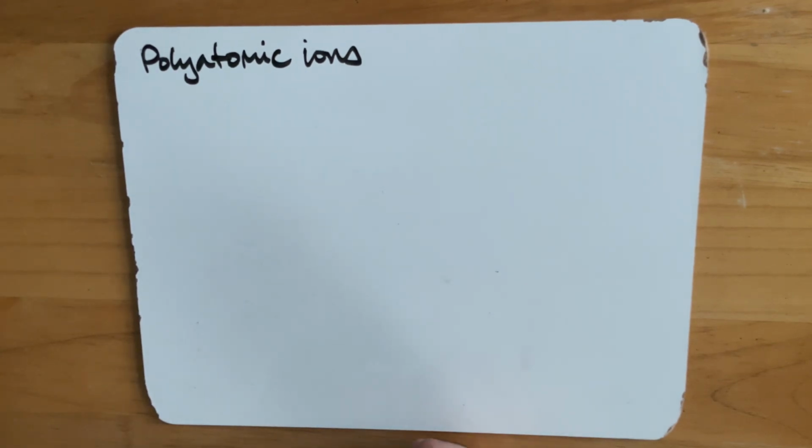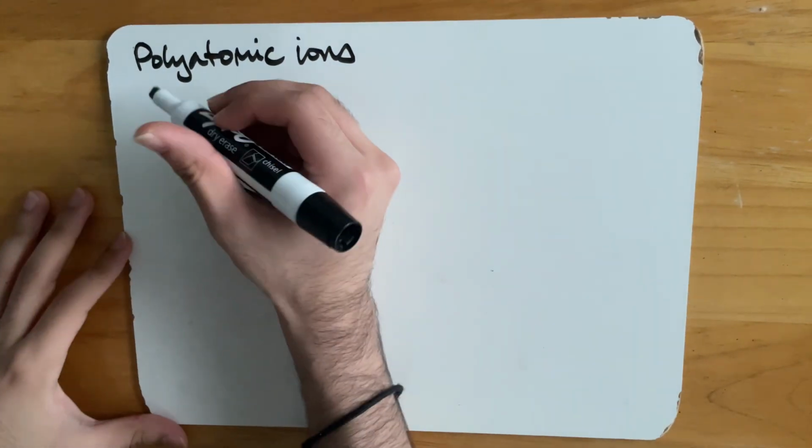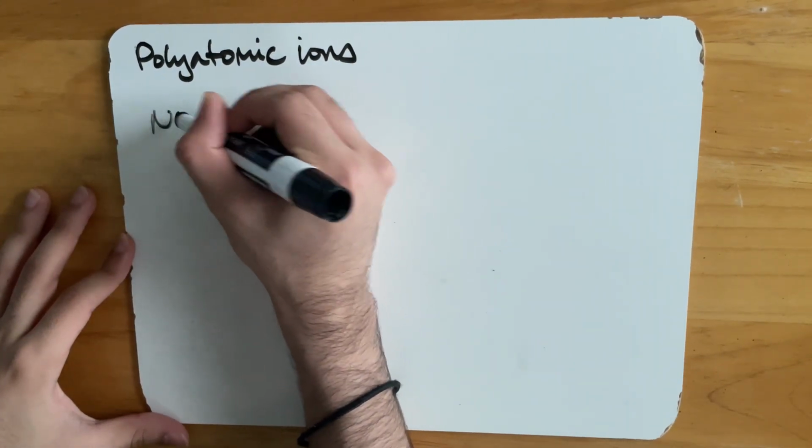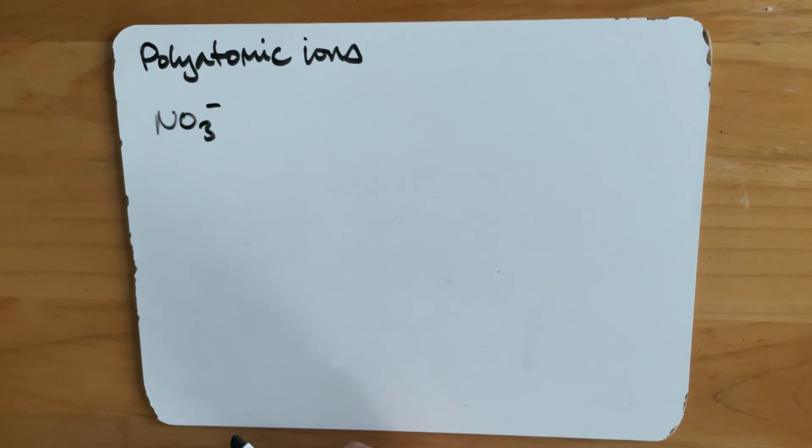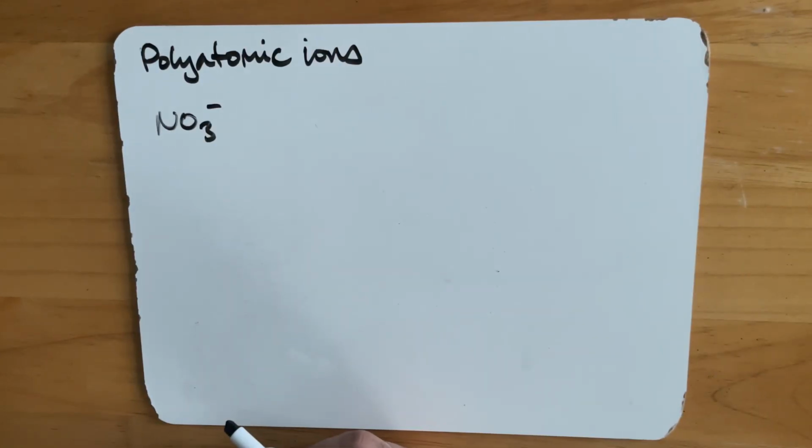So a polyatomic ion is basically a covalently bonded molecule that has an overall net charge. So things like NO3 minus, where the N and O are covalently bonded, but they still have a total net charge of -1.